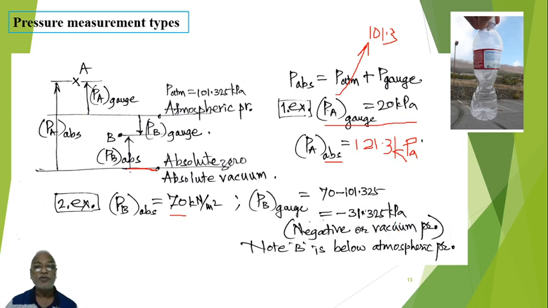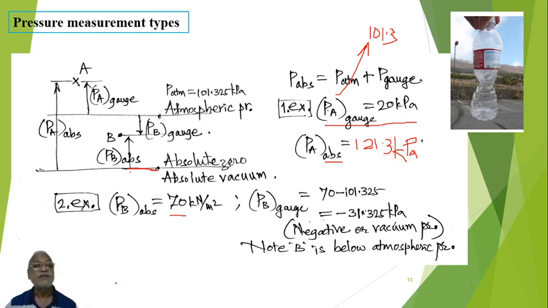Vacuum pressure does not mean that it is a complete vacuum, but that some part of the air or content has been removed and it is below atmospheric pressure. That's why it is called negative pressure or vacuum pressure. So note that point B is below atmospheric pressure. That's why it is referred to that way. As far as absolute pressures are concerned, they will never be negative. That is what one can remember.